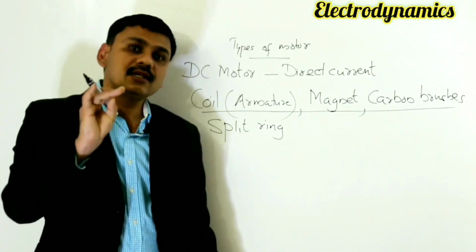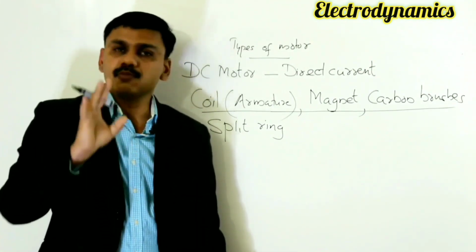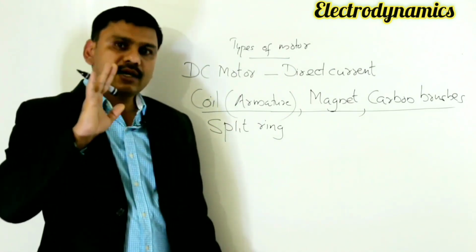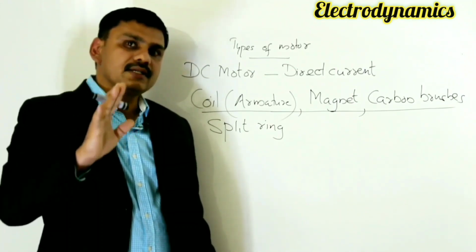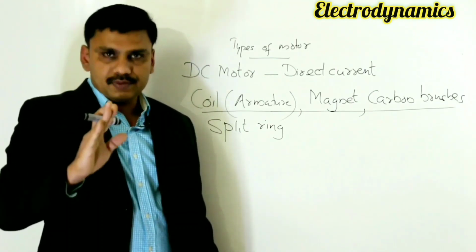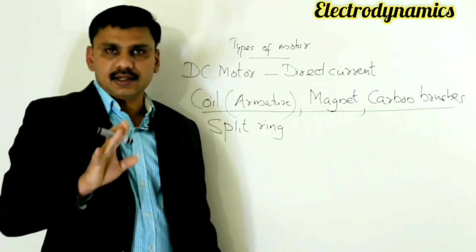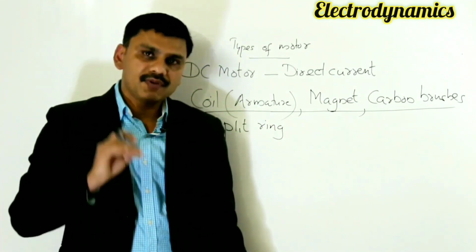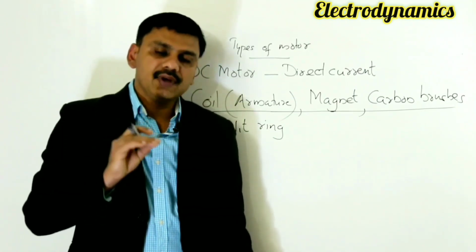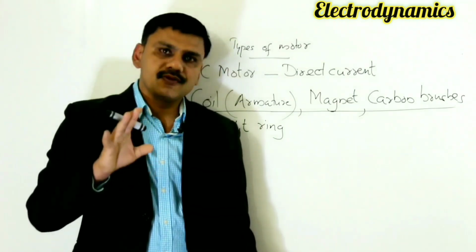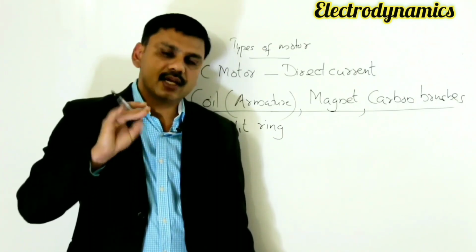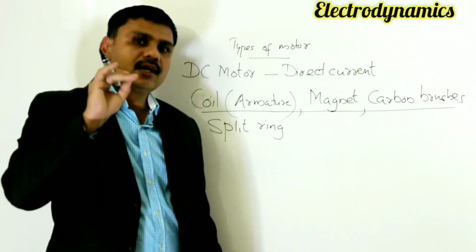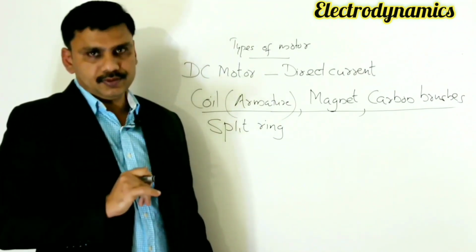Check whether an energy source like a battery or a cell is there or not. If there is a battery, you can say it is a motor, not a generator. In some question papers, after giving a figure, they will ask whether the given figure stands for a generator or a motor. If there is an energy source, you can clearly say it is a motor.